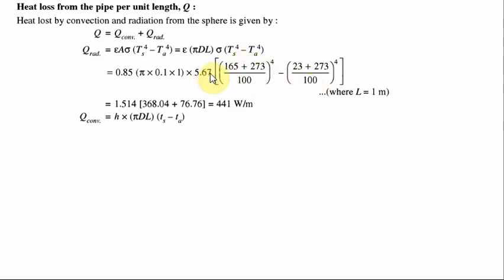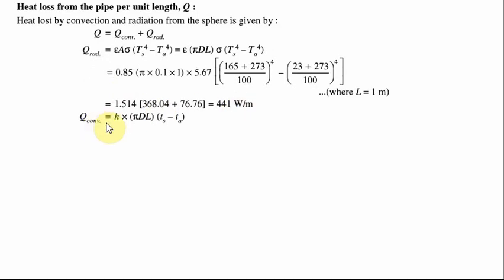The Stefan Boltzmann constant value is 5.67 times 10 to the minus 8; we can divide it by 100, and since it is raised to 4, it will be the same, otherwise 10 to the minus 6 will come here. So calculate the radiative heat transfer from the equation.